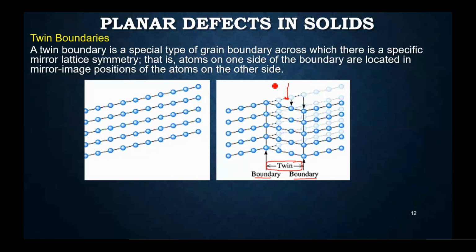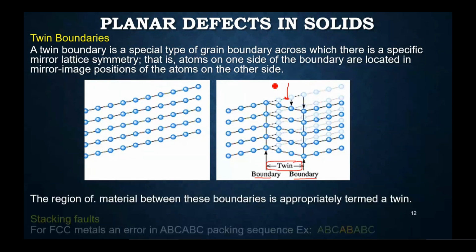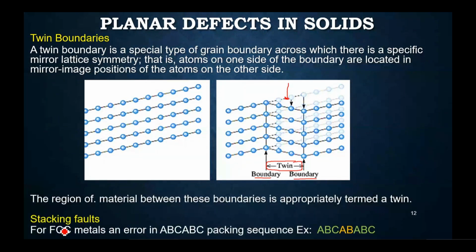And the last kind of 2D defect that we'll be looking into is the stacking fault. That means in FCC, if you recall, the stacking sequence in FCC was A, B, C, A, B, C. So there was a layer of A atoms, then a layer of B atoms, and then C, followed by A, B, C, and so on.